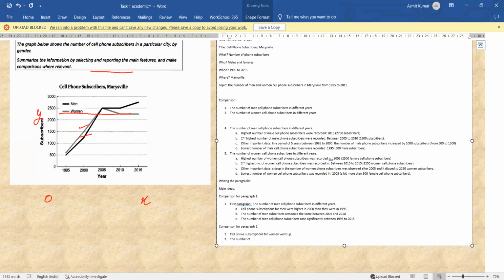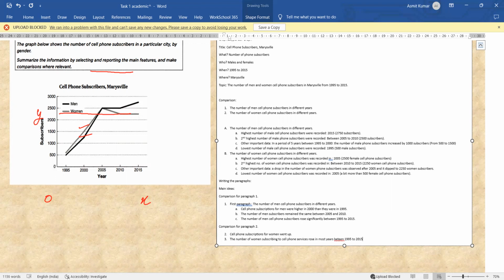Then after, the number of men subscribers, not men, women. I have to write. Sorry, the number of women subscribing to cell phone services rose in most years between 1995 to 2015.